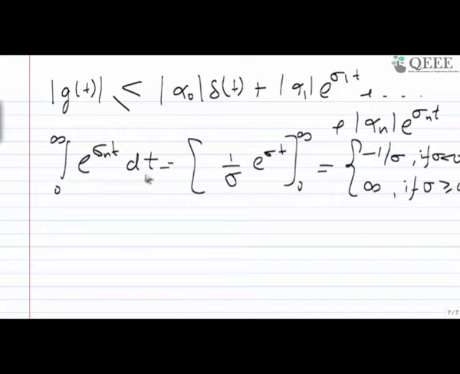Okay, so basically why I'm doing this is because I need to compute the integral of this mod of g(t).